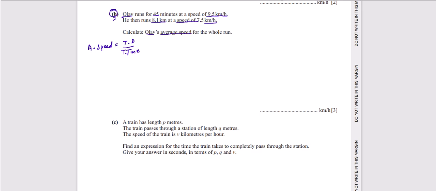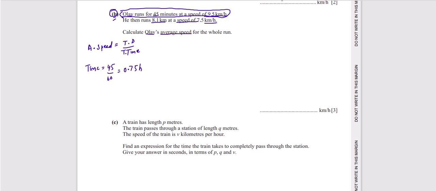First of all, we calculate total distance. This one is first run. Here time is 45 minutes. So minute should be converted in hours, divided with 60, that is equal to 0.75 hours. Speed is in kilometer per hour.